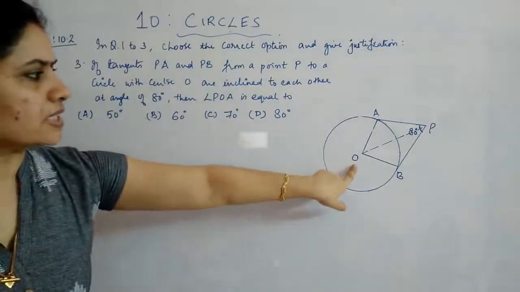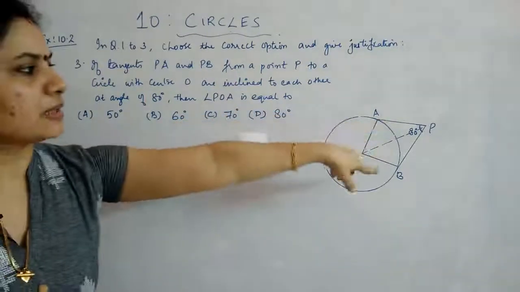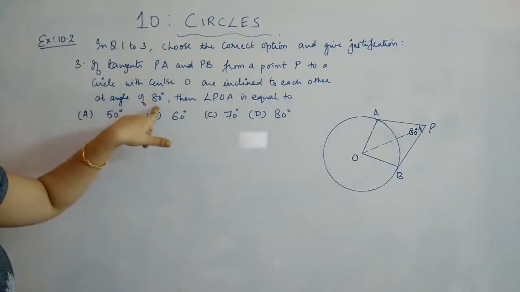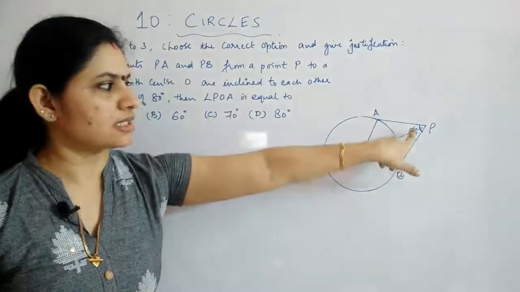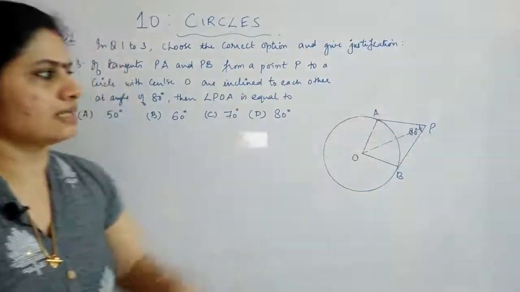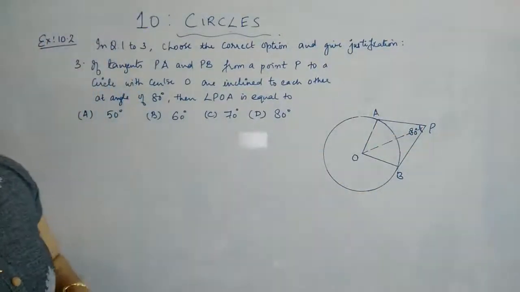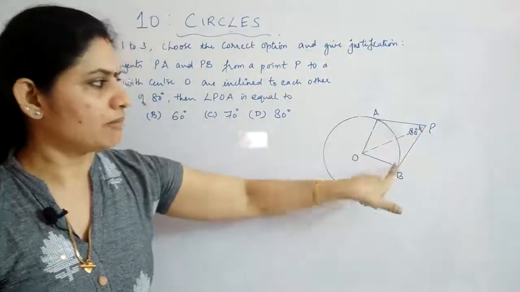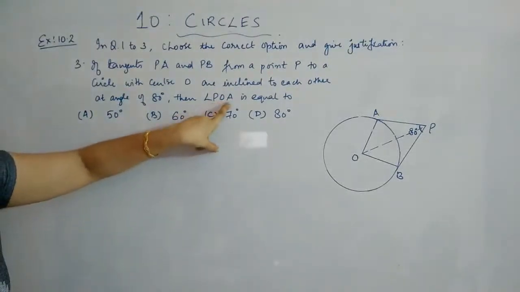This is a circle with center O, P is an outside point, and PA and PB are two tangents, and they are inclined to each other at 80 degrees, means the angle between the two tangents is 80 degrees. That means AP and PB are giving an angle together of 80 degrees. That means here angle APB is 80 degrees. You have to find out POA.